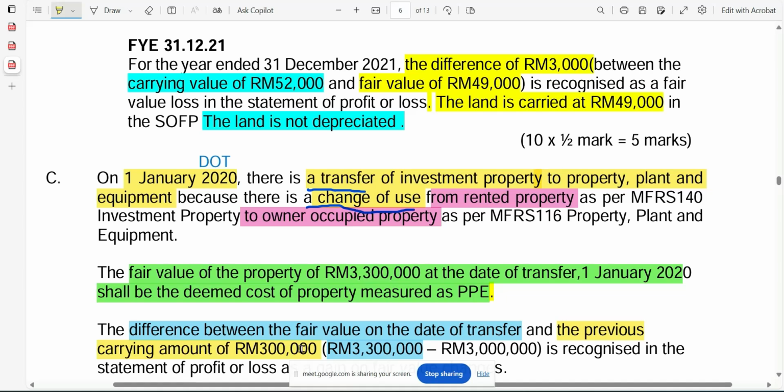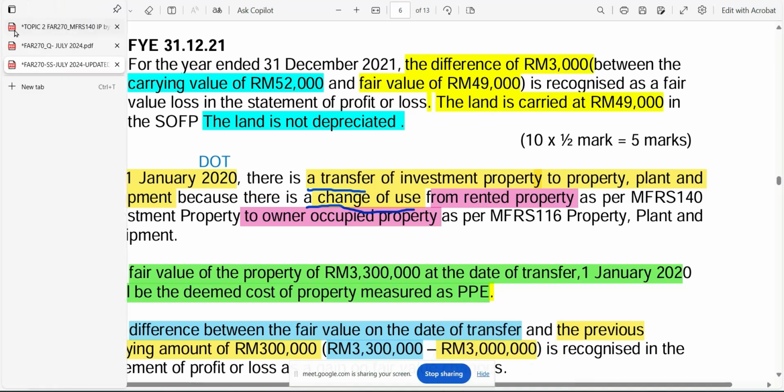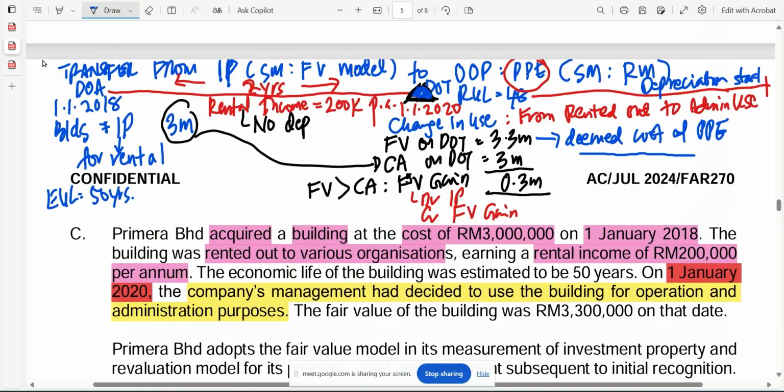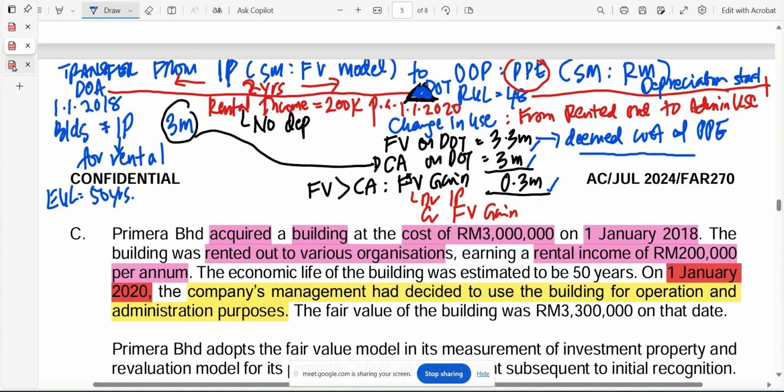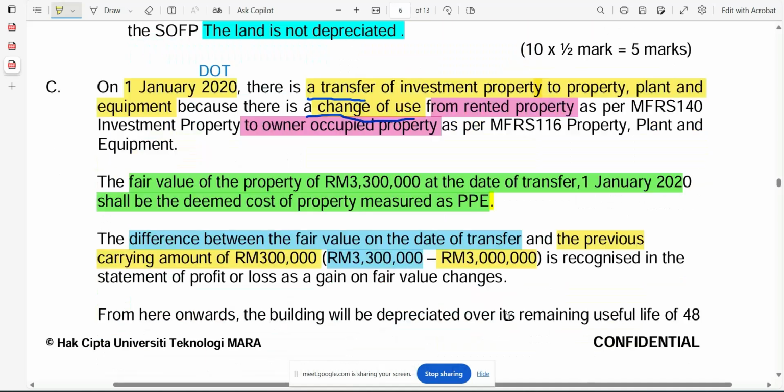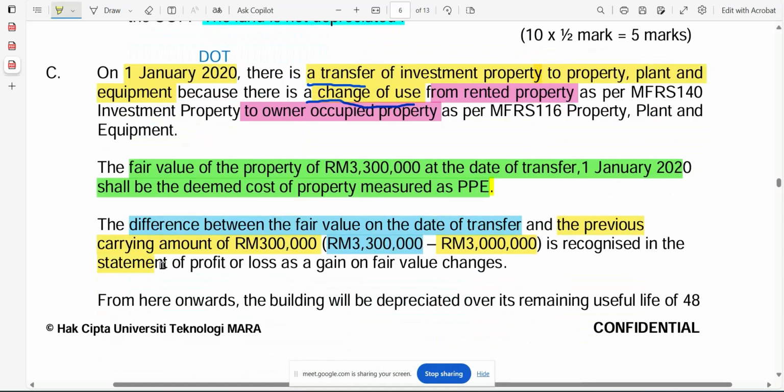So the previous carrying amount of 3 million, compared with 3.3 million, the difference is 0.3 million that needs to be explained. It is recognized as a gain on fair value change in the SOPR. So you recognize it as a gain on fair value change.